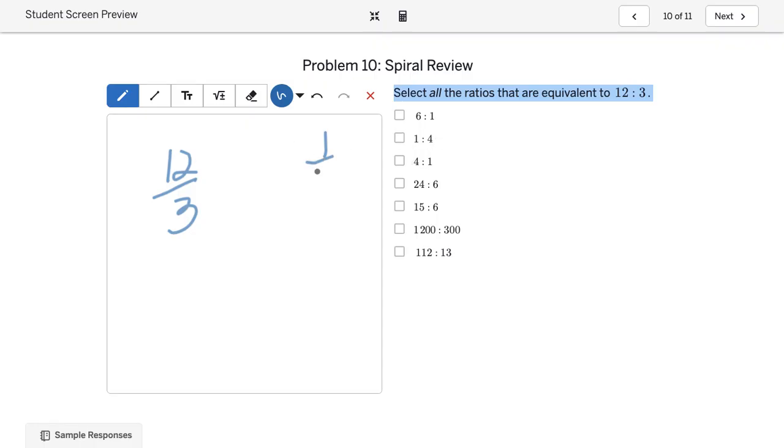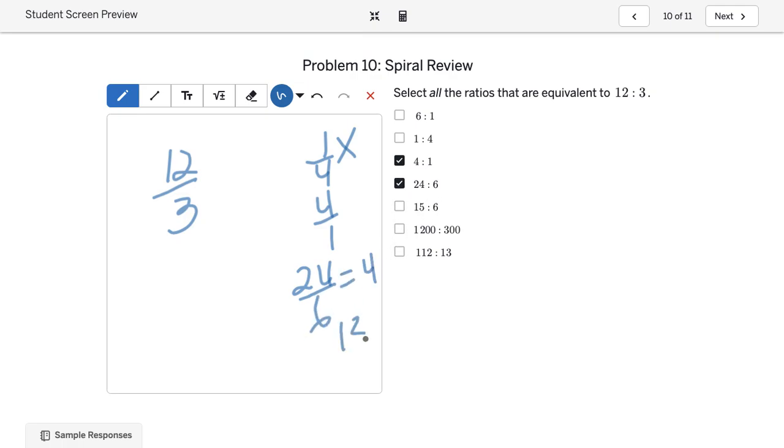Does not. Does 1 over 4 simplify to 4? Does not. Is 4 over 1 simplified to 4? It does. 24 over 6 simplifies to 4? Yes, it does. 15 over 6? Does not. 1200 over 300? Yes, it does. 112 over 13? Does not.